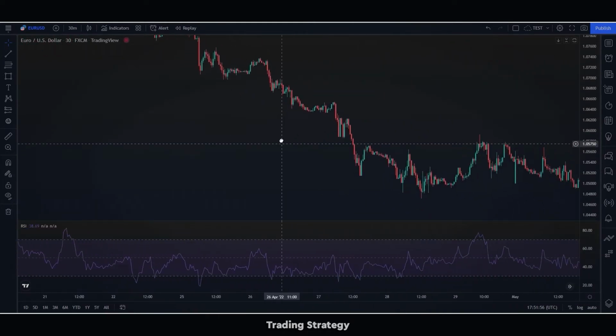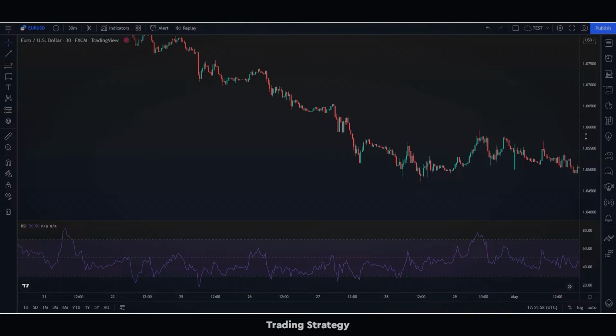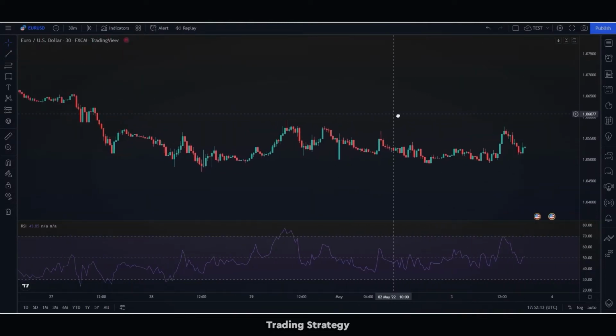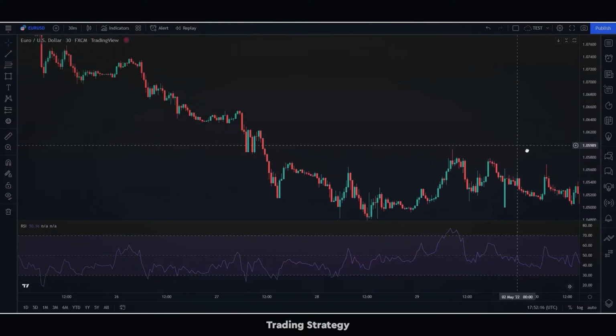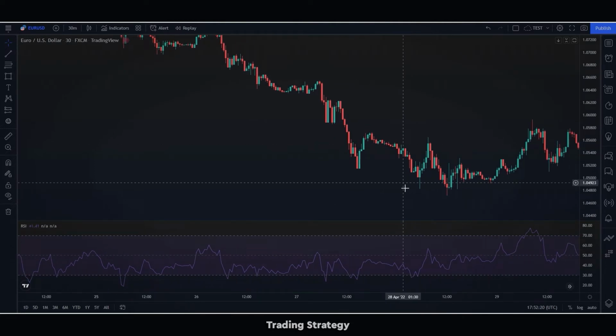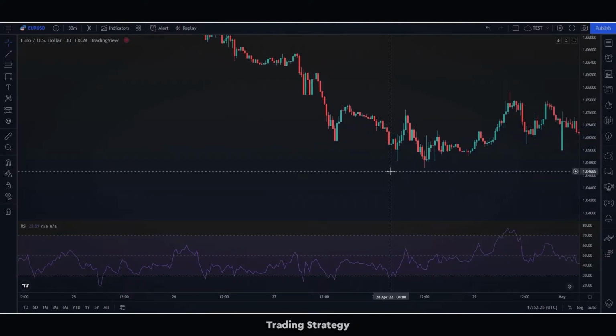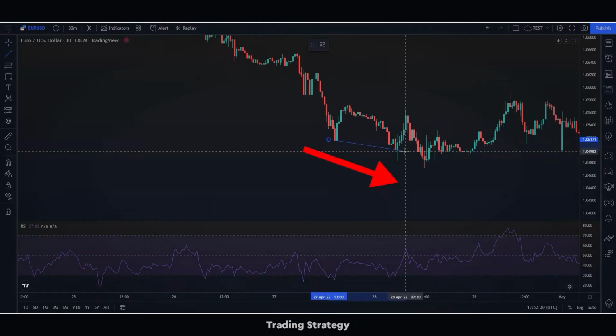Once we are on the upper hourly chart, we just need to find the divergences. When we think we have found one, we can draw a line on the price chart and on the RSI to see if there is indeed a contradiction in the direction of the line, and confirm if it is a divergence.